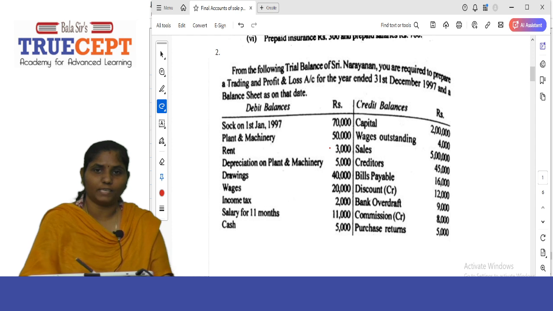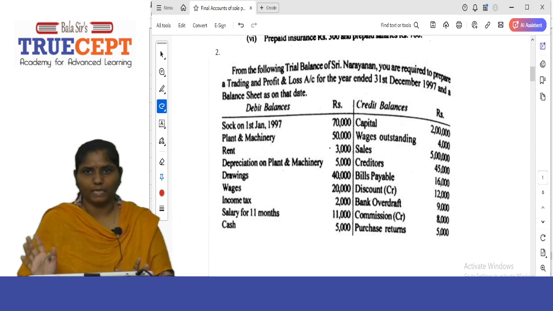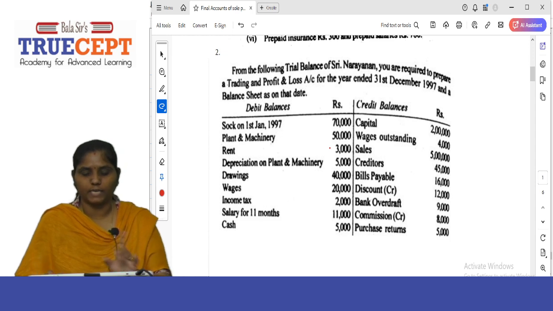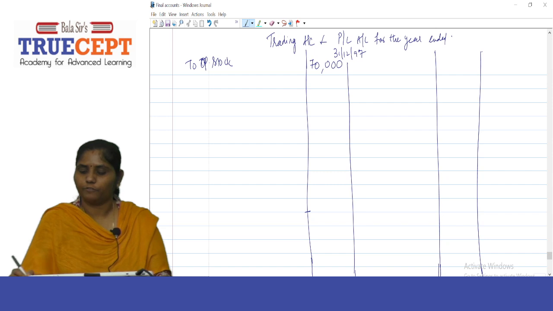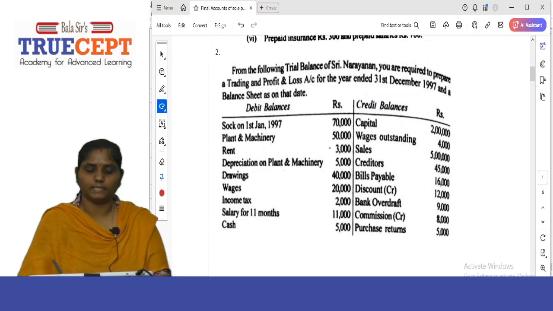Depreciation is a part of the trial balance, so it will go to P&L account, not in the balance sheet. Therefore, in the balance sheet, I can straight away write plant and machinery 50,000 on the asset side, in the outer column itself, because there are no other adjustments. Clear?